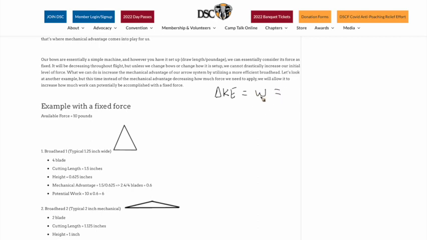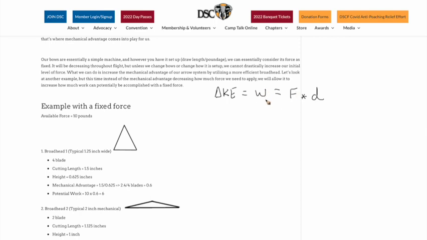So work then is force times displacement. And so what we really want to do is maximize displacement, to make the displacement as large as possible, i.e. the displacement in this case would be penetration, the depth of penetration. We want to minimize the force.